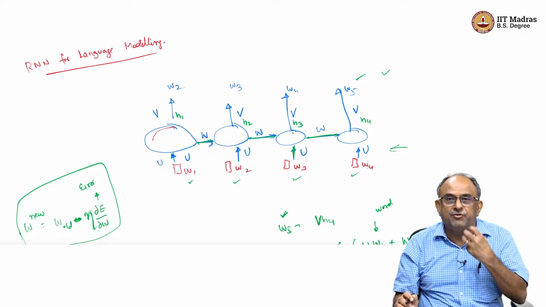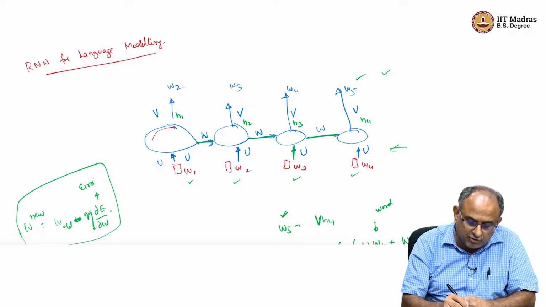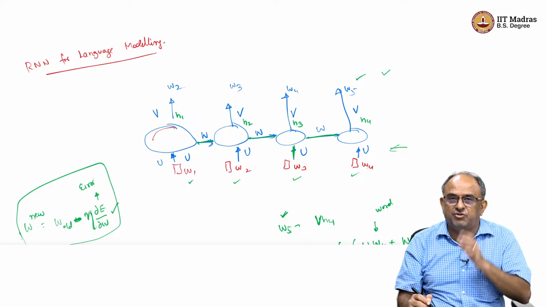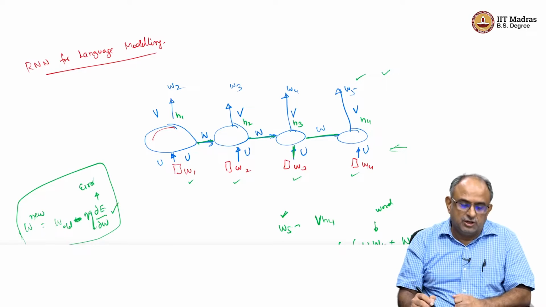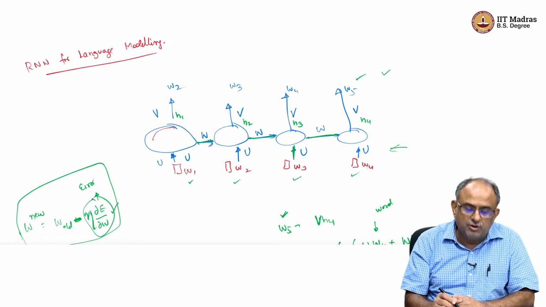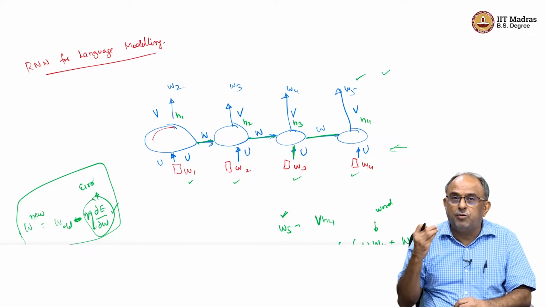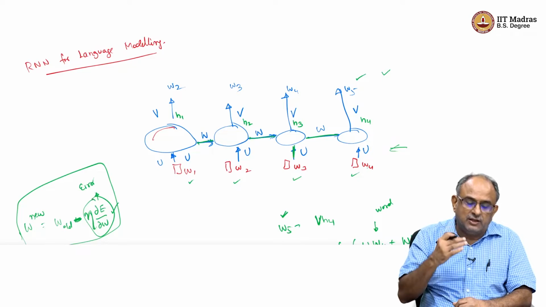That is called the vanishing gradient problem. If it goes to 0, this whole term goes to 0 and therefore the weight will never update.